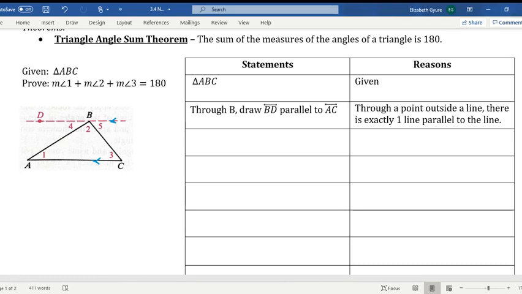Now, if those 2 lines are parallel, we'll have angle relationships and things like that, right? So we have a straight line, which means we'll have what kind of an angle? A straight angle. And could a straight angle be helpful in creating 180 degrees? Absolutely.